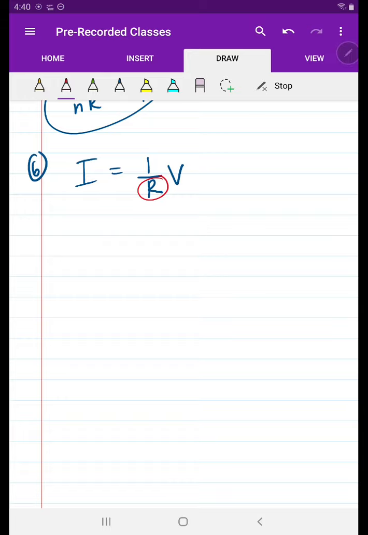The I on the left side we could rewrite as I over 1. And on the right side, if we consolidate these two things, this V could just go up here in the numerator, so we could rewrite the right side as V over R.